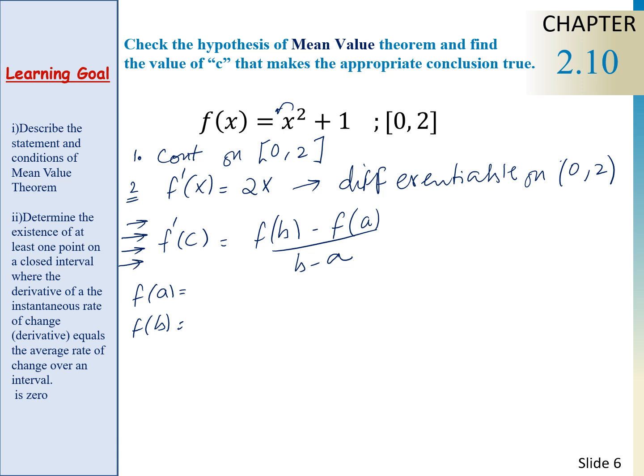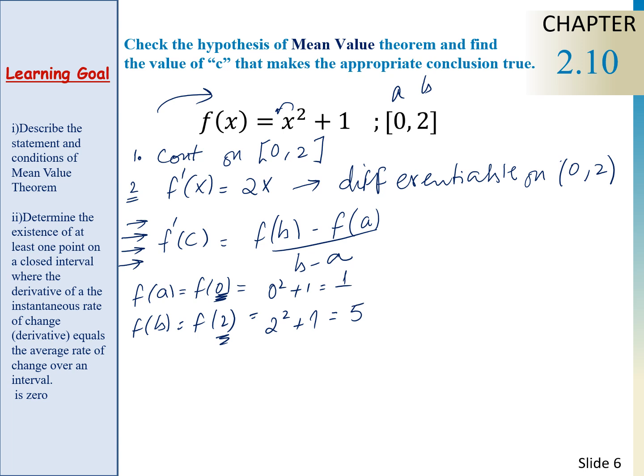So a is 0 and b is 2. So find f of 0 and f of 2, by putting these values in the original function. So 0 square plus 1 equals 1 and 2 square plus 1 equals 5.